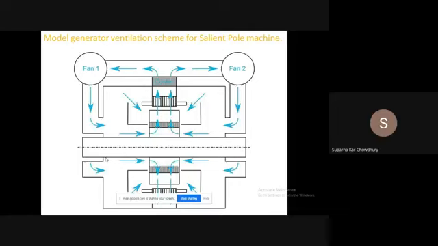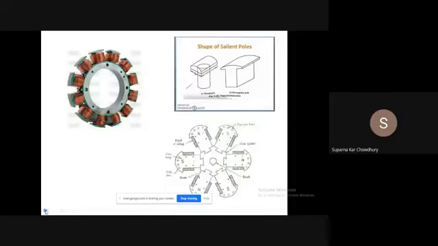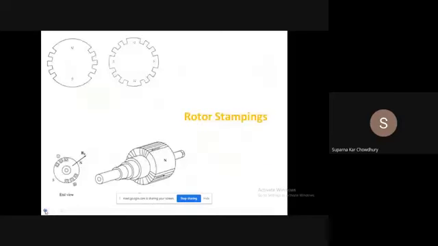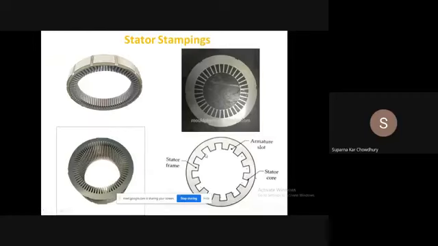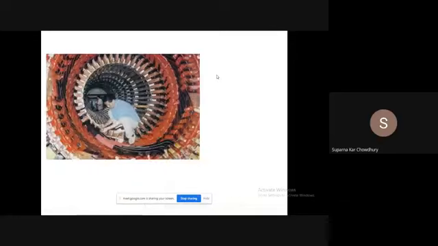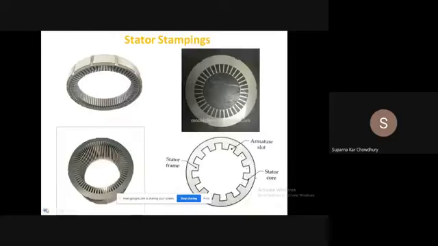So when we go for the slots, within the slot, what is the insulation? First of all, we should have an insulation layer like this, that is the slot lining. Just as in the DC machine we had the slot lining, then we have the insulated conductor placed inside the slot.